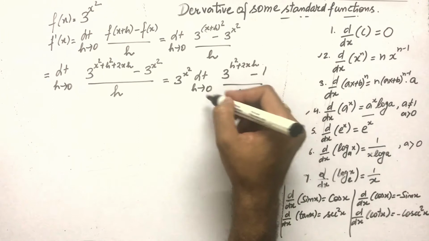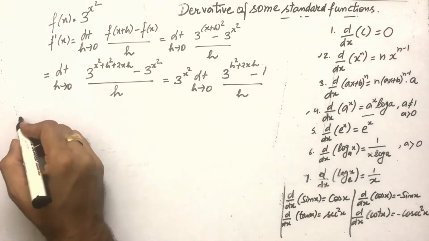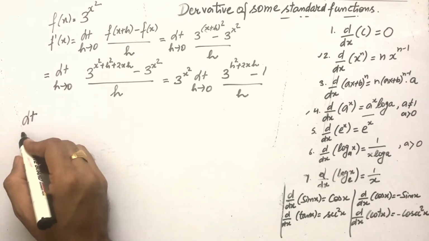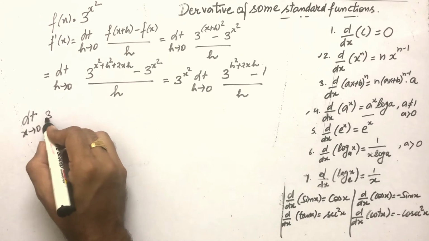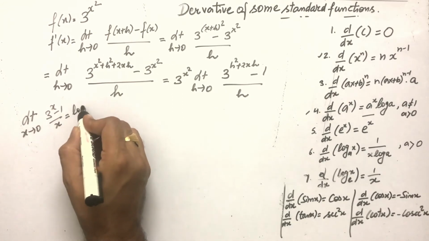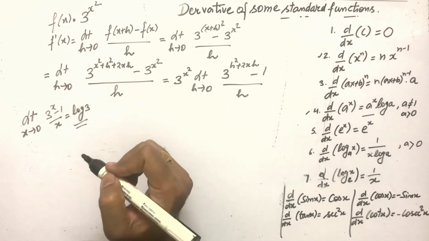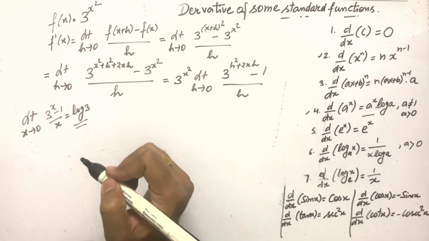So can we see any formula here? Yes, we have a formula. What is that? Limit x tends to 0, (3 power x minus 1) by x is equal to log of 3. I hope you got the formula.